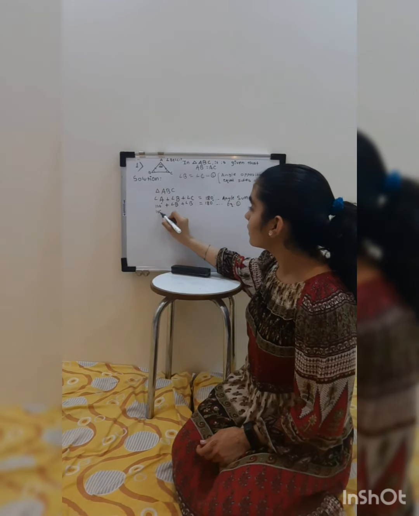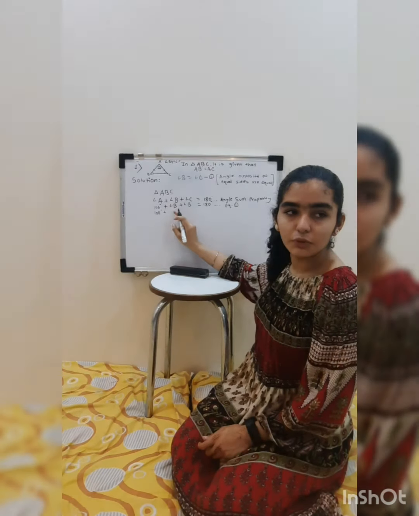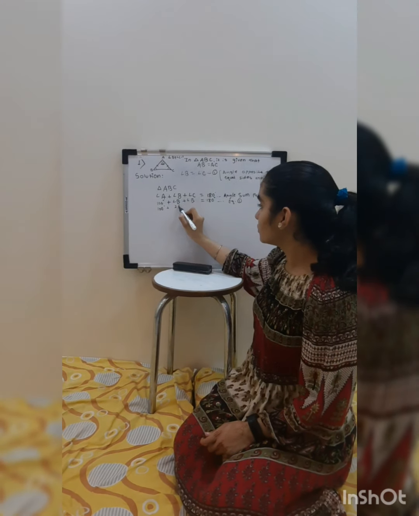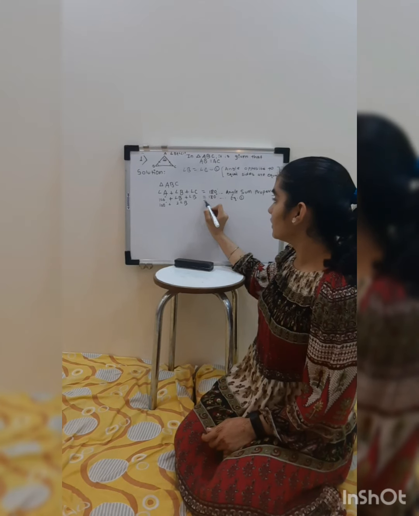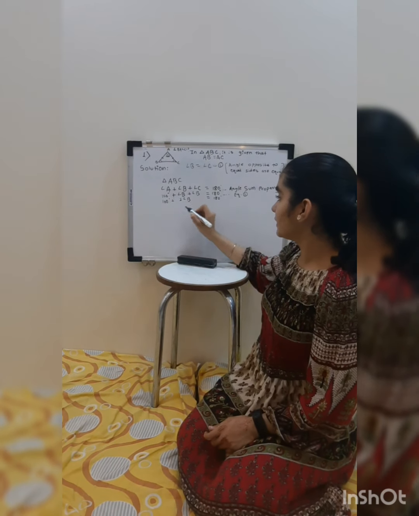So 100 degrees plus 2 angle B equals 180 degrees.